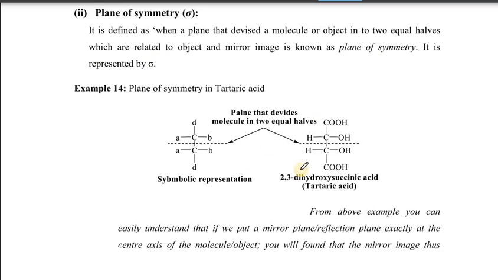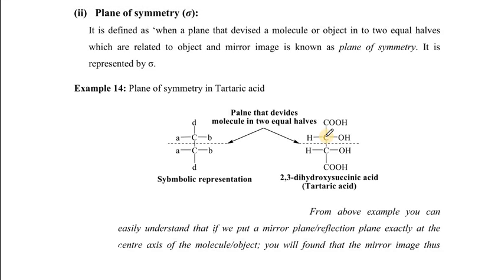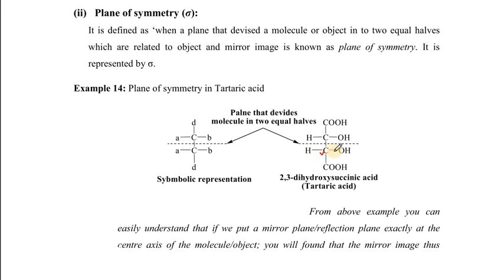Now we can see in this example, it is tartaric acid. In this, this carbon is chiral because it has four different groups attached to it: 1, 2, 3 and the 4th is this group. Similarly, this carbon is also a chiral atom because the four groups attached to it are different: 1, 2, 3 and the 4th is this.